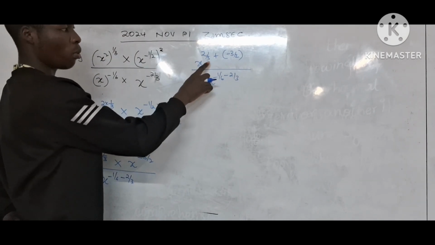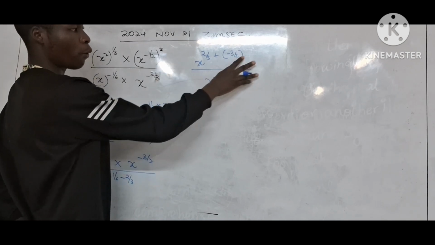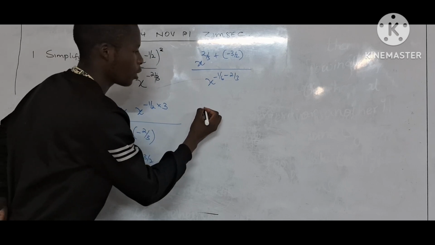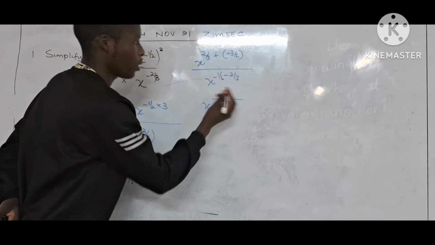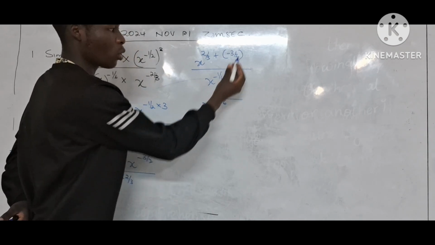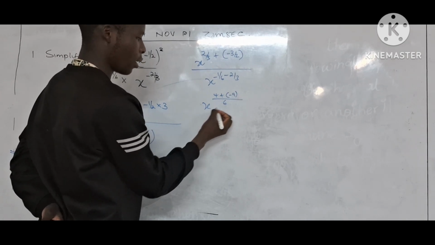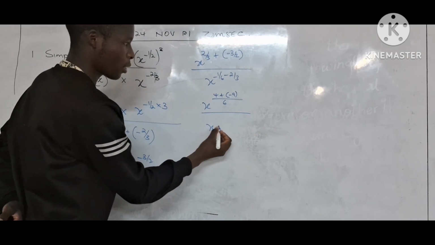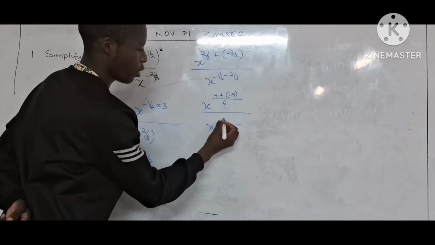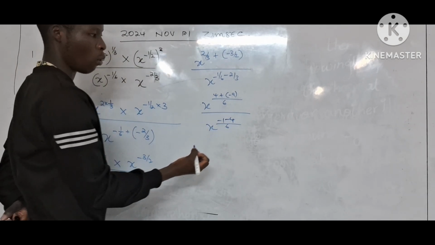If you add 2 by 3 plus negative 3 by 2, what is the answer? LCM of 3 and 2 is 6. 3 into 6 is 2, 2 by 2 is 4, minus 2 into 6 is 3, by this one, this is minus 9, everything divided by 6. For the denominator, this is negative 1, 3 into 6, 3, 6, 2, so negative 4.